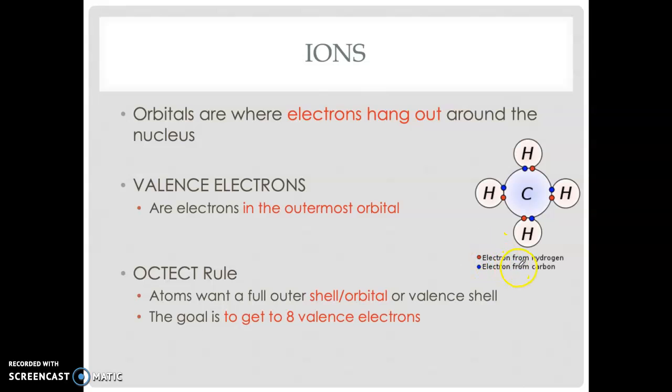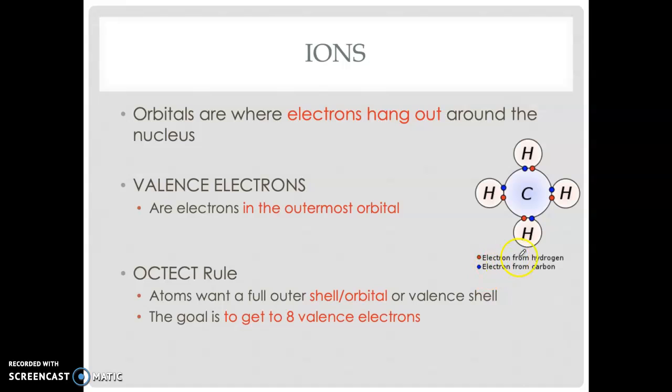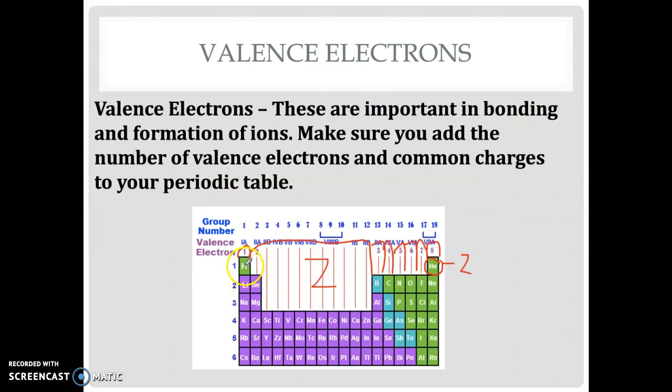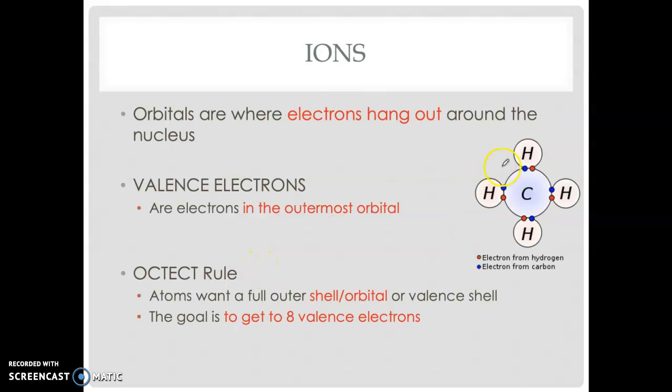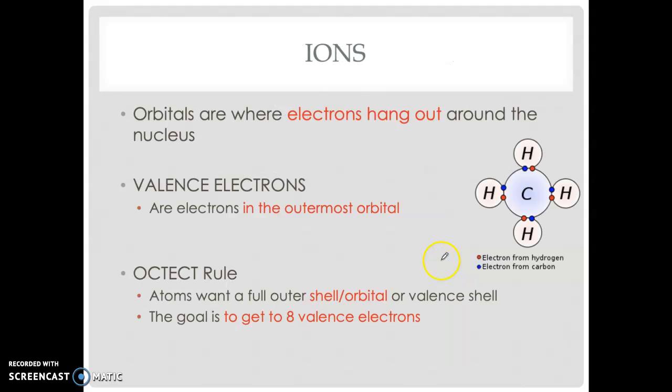So if I look at carbon, which is in column 14, it has 4 valence electrons, 1, 2, 3, 4. And hydrogen has 1. In this case, by sharing with hydrogen, carbon can get to 8. And hydrogen, since it's in the first row, gets to 2 by sharing.